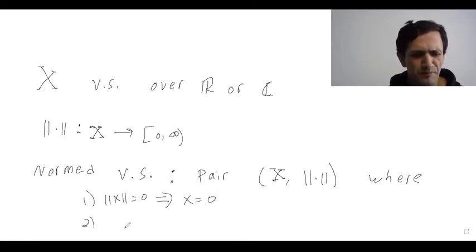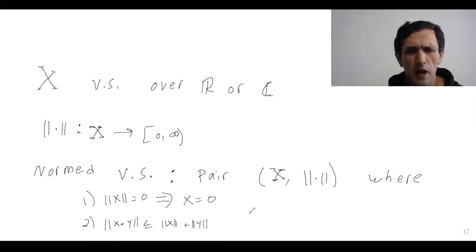Second, we have the triangle inequality: for x and y in big X, the following is true. And third, we can pull out scalars.